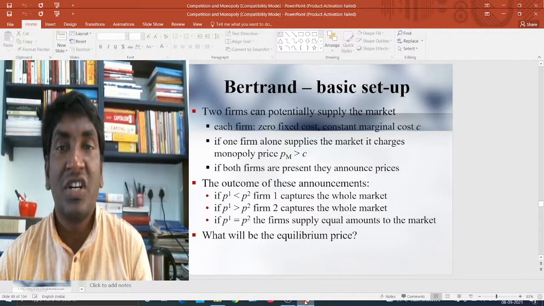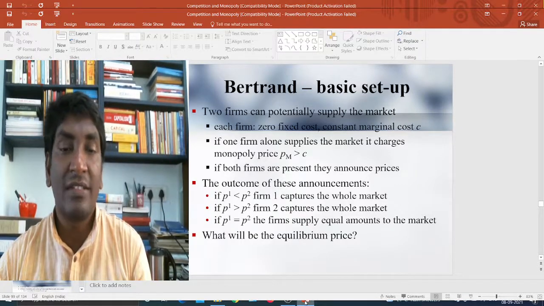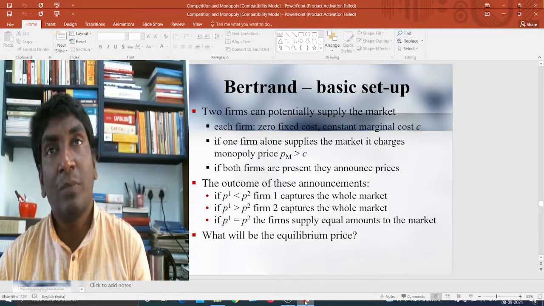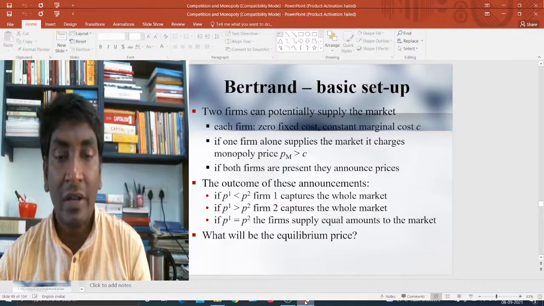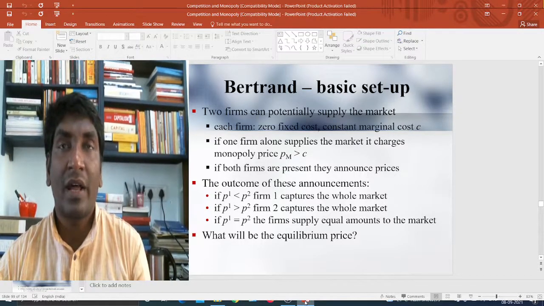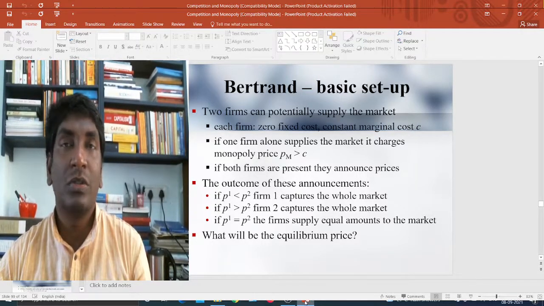Now the outcome of this announcement is the following: if P1 is less than P2, firm 1 captures the whole market. If P1 is greater than P2, then the second firm captures the whole market, and if P1 is equal to P2, then the firms share the market in equal amounts.